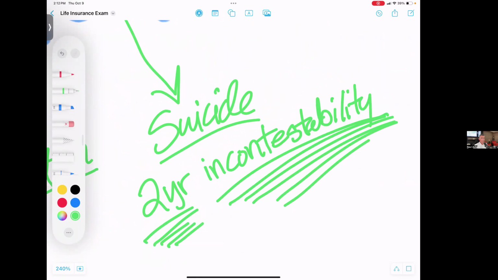Basically, they're asking you for the 2 year contestability period. Within the first 2 years, they have a right to check for fraud or suicide. But if the client dies after paying the policy for 2 years, they're covered 100%, no matter what. Meaning if they committed suicide and it's already been 2 years, they have to pay the death benefit, the face amount, even if it's been 2 years.